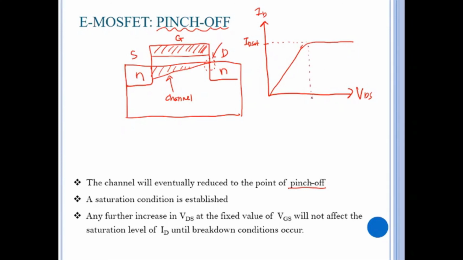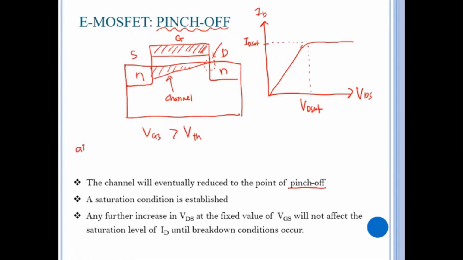So the point where the current starts to saturate is called VD saturation. Okay, VD saturation. So we know that the VGS needs to be higher than the VT, right? In order to form the channel.